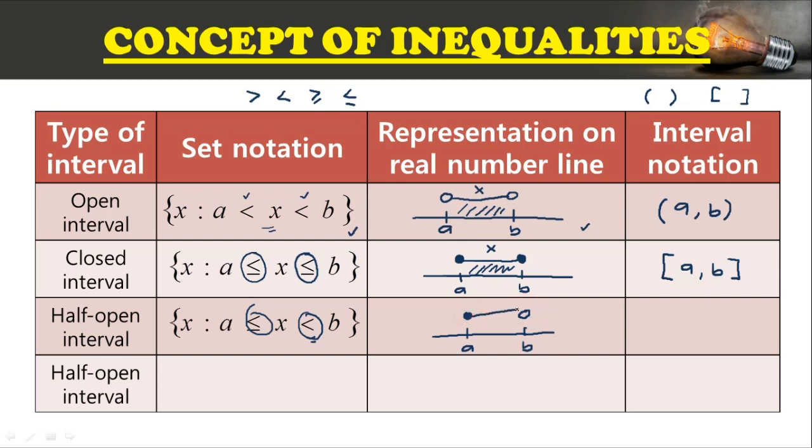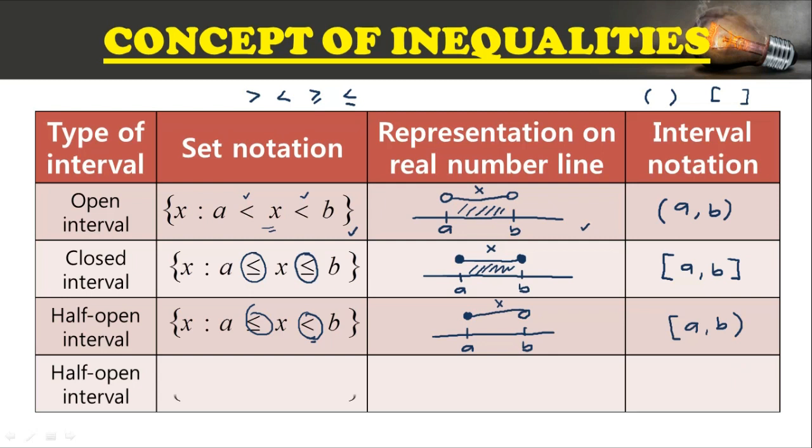And then connect the dot. Okay, this is our X. So how to write the interval notation? We have A until B. But for A, since dia bulat hitam, that means we have square bracket. And then for B, we have empty circle, we have open bracket.